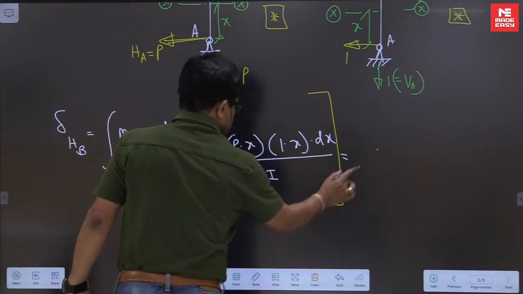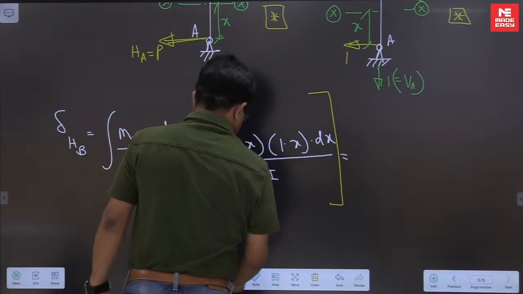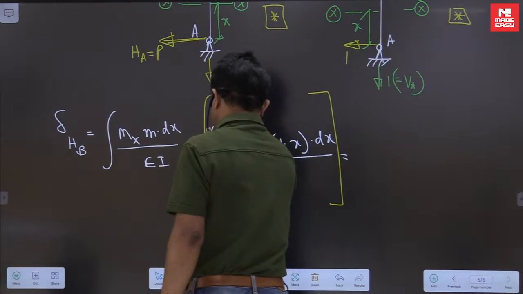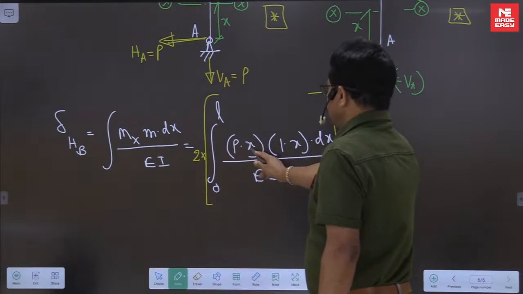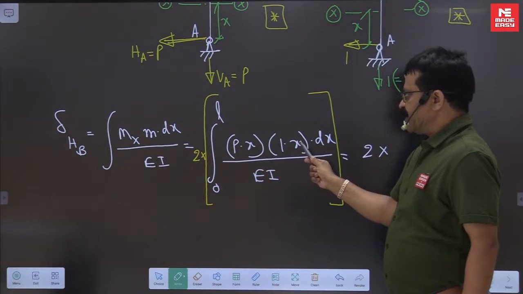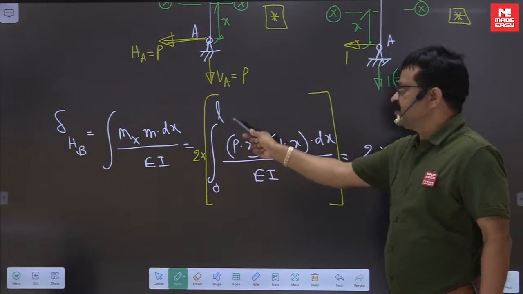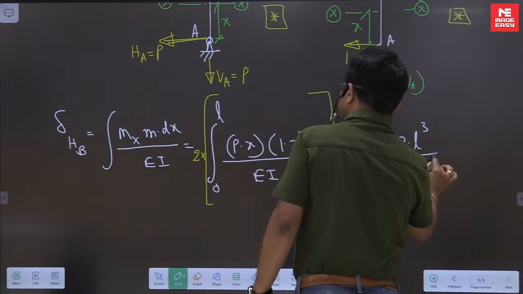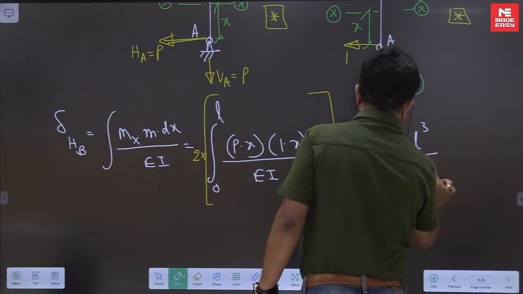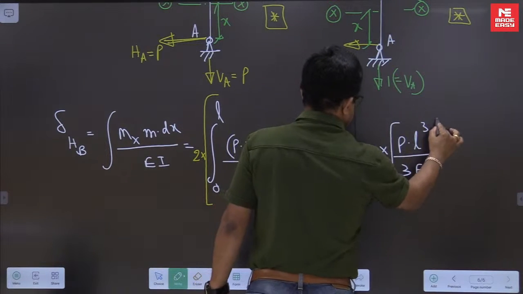So 2 into P into x square. X square integration is x cube by 3. Limit is L. That means P L cube by 3 EI. That's it.